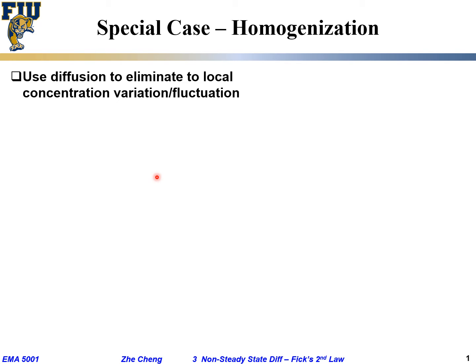Now let's look at a special case, so-called homogenization. It means making the material more homogeneous, more uniform. You may deal with this problem if you have a big piece of material from casting, or some other material like a polymer, the same polymer but made over time.